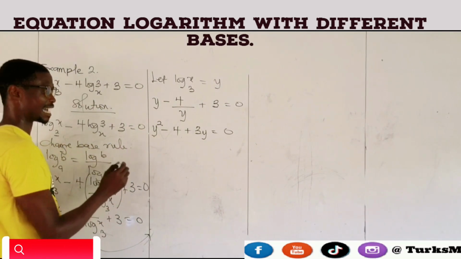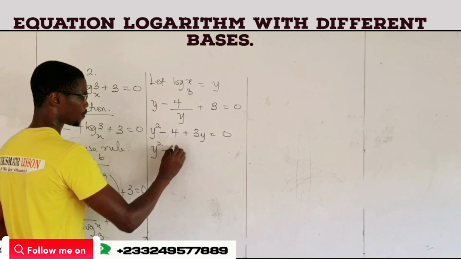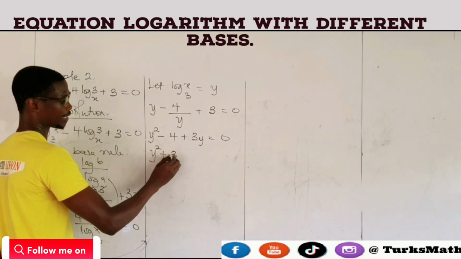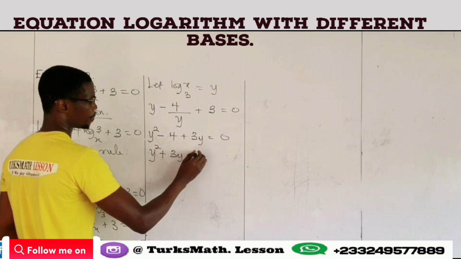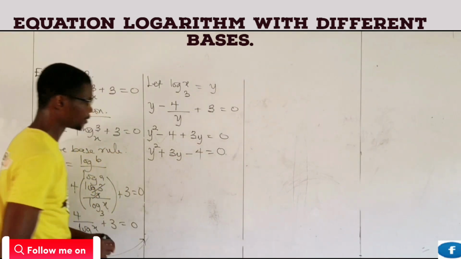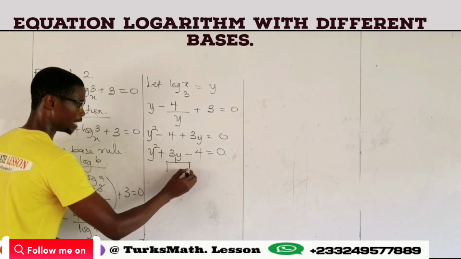Let's rearrange this nicely. You are going to have y squared plus 3y minus 4 equals 0. Very good.